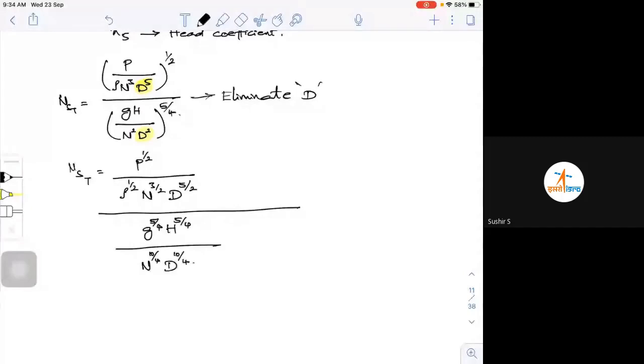D to the power of 10 by 4 is 5 by 2. Automatically these two things simply cancel out.